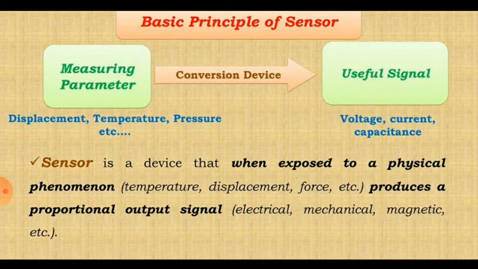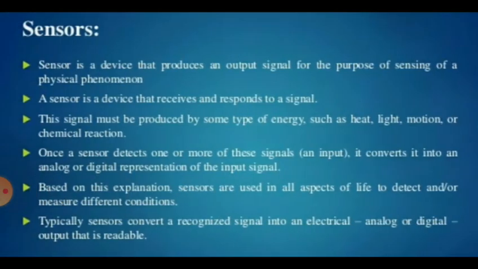Thus, in the case of, say, an electrical resistance temperature element, the quantity being measured is temperature, and the sensor transforms the temperature into a change in resistance. So the sensor is a device that produces an output signal for the purpose of sensing a physical phenomenon.